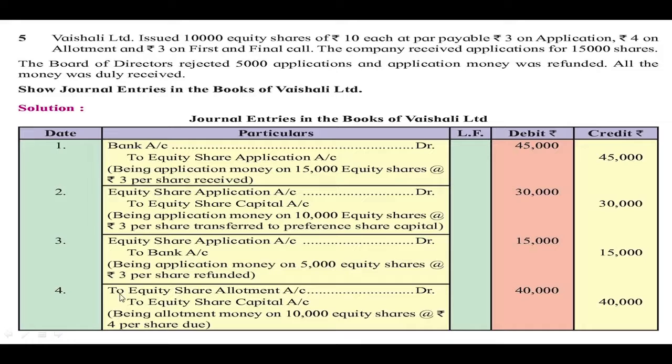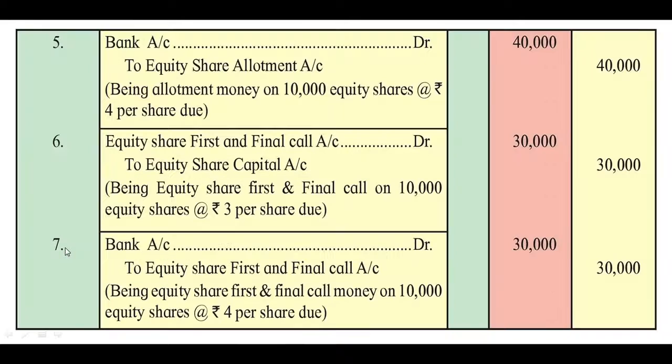Here there is a printing error, this 2 has been printed by mistake, so ignore it. So our fourth entry is equity share allotment account debit, that is 10,000 into 4, that is 40,000, to equity share capital account 40,000. Then the next entry is for receipt of the allotment money, that is bank account debit because the money will be deposited in our bank account, to equity share allotment account 10,000 into 4, 40,000.